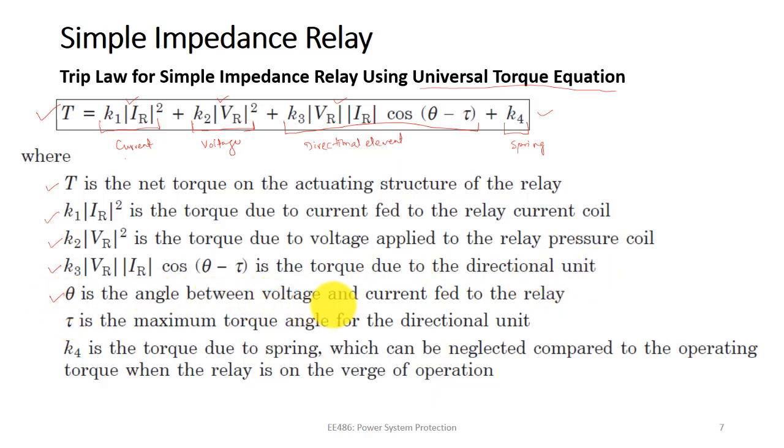Theta is the angle between voltage and current fed to the relay, and tau, as we know already from the directional overcurrent relay, is the maximum torque angle for the directional unit. K4 is the torque due to the spring, which can be neglected compared to the operating torque, when the relay is on the verge of operation. At that point the net torque will be equal to 0, the relay will be on the verge of operation, and K4 can be neglected, right?